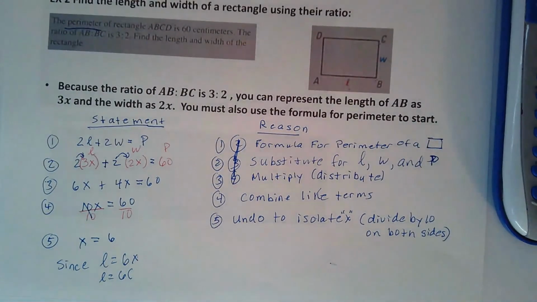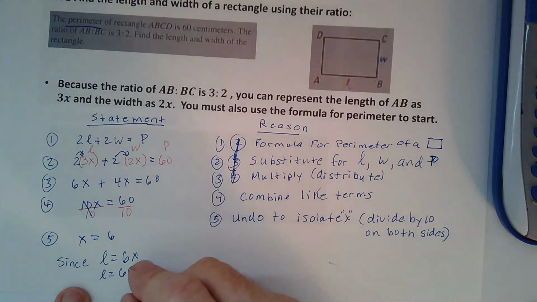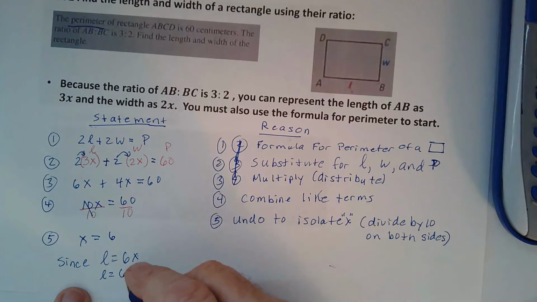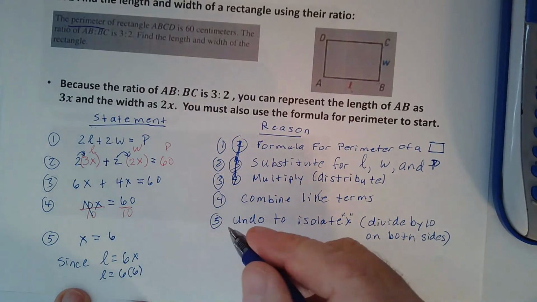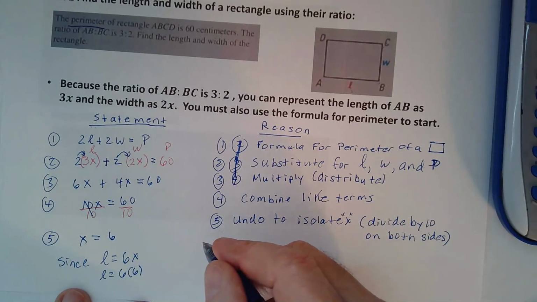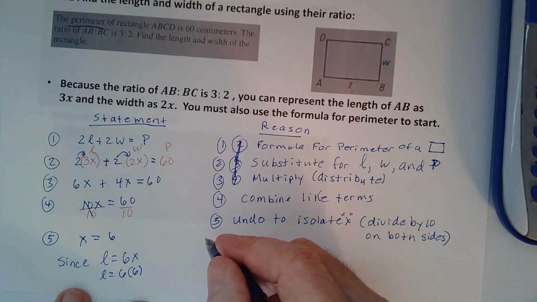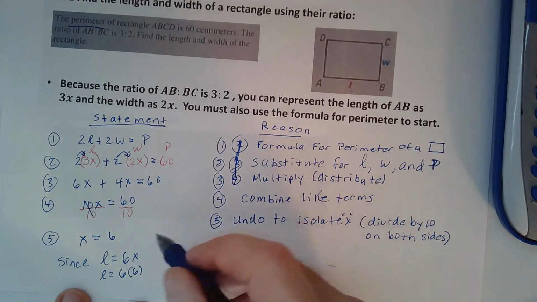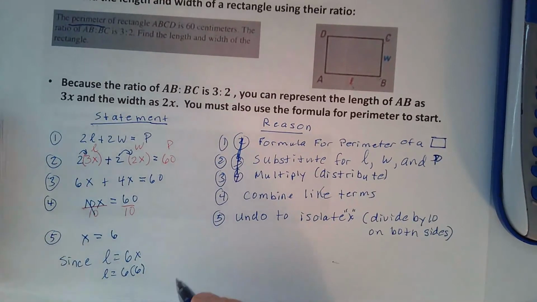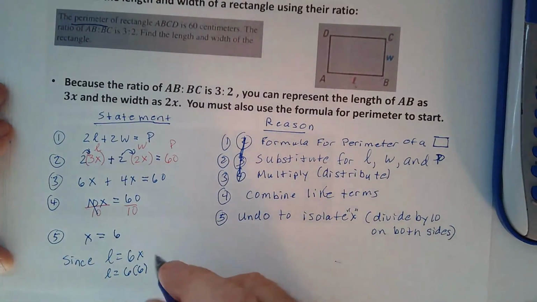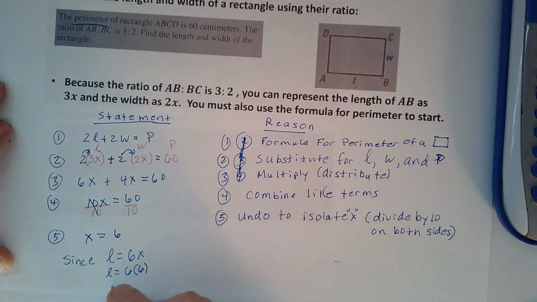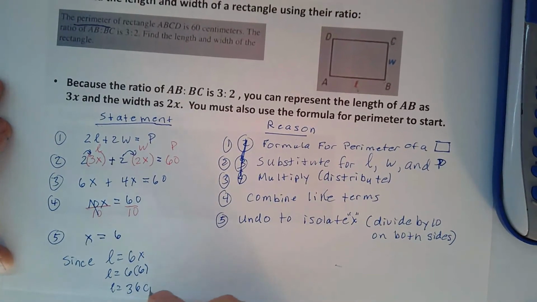Okay. 6 times 6, and let's see here. I think they made a little boo-boo, but anyway, that's all right. They meaning the people I took this from. And so L equals 36 centimeters.